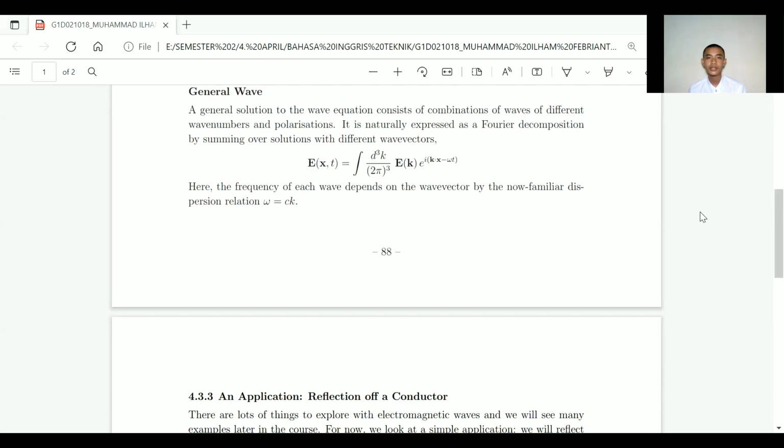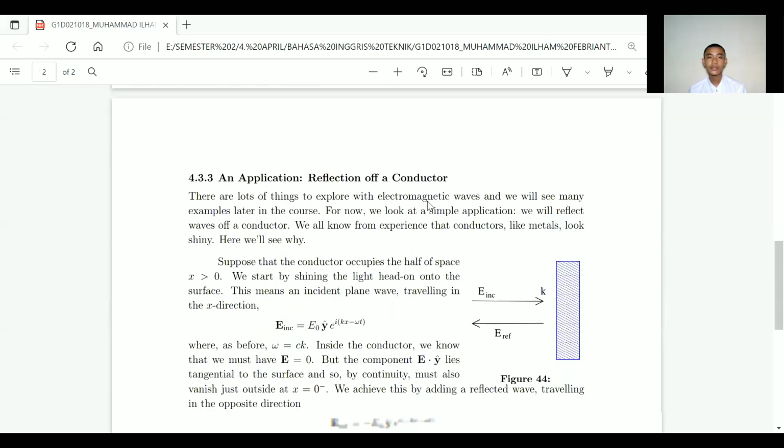E(x,t) equals the integral of d cubed k divided by (2 pi) cubed, E_k e to the power i k multiplied by x minus omega t. Here, the frequency of each wave depends on the wave vector by the now familiar dispersion relation omega equals ck.